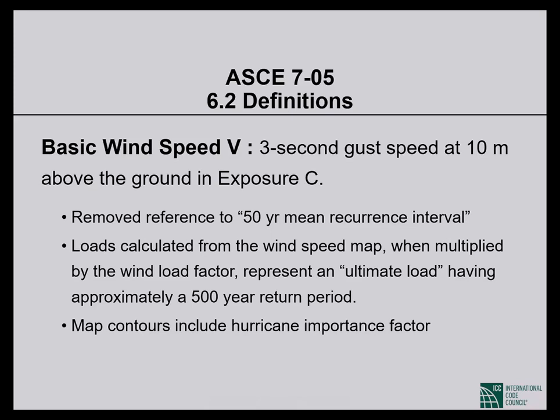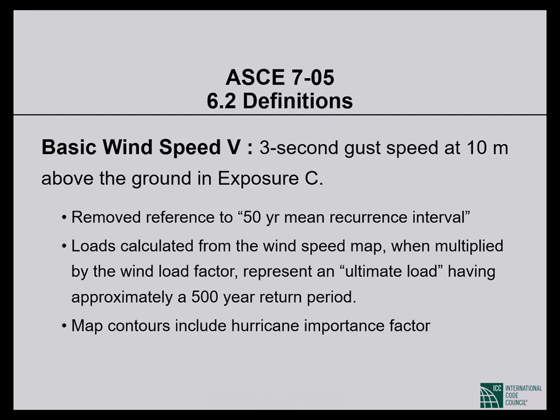So basic wind speed definition, this I already shared with you. 3-second gust. Now, actually I take it back. This is not a mistake. Anyway, in view of the time, let me give you the short story.